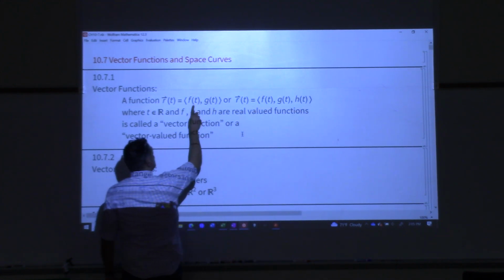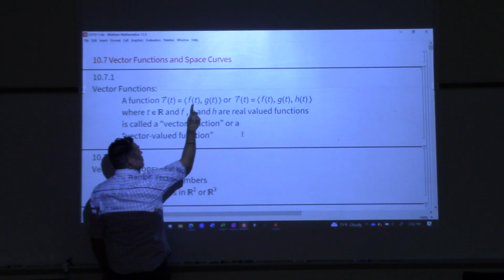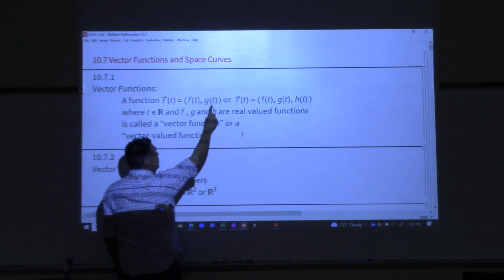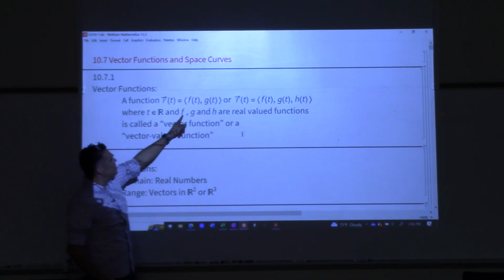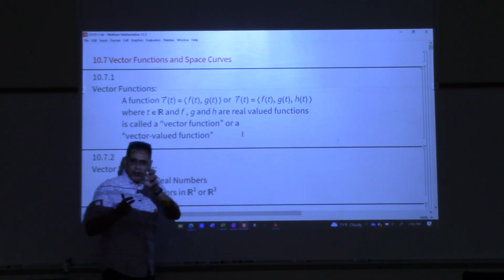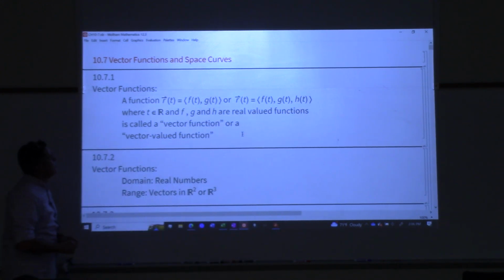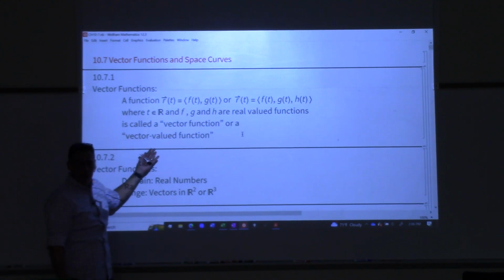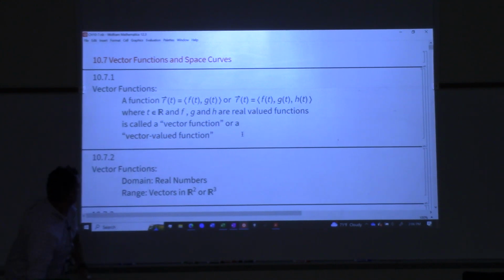The first part of the vector is some function we call f of t. The second one is g of t. Those functions, f and g, or in the case of a 3-dimensional vector, h of t, those individual functions are just regular functions like we've studied our whole lives. This is called a vector function or a vector valued function. That's the definition of it.